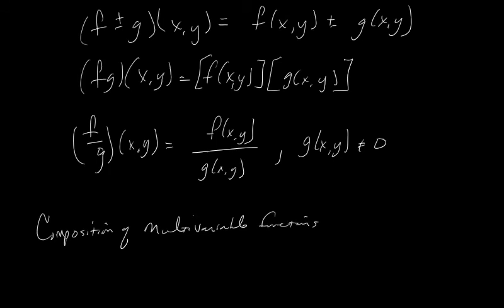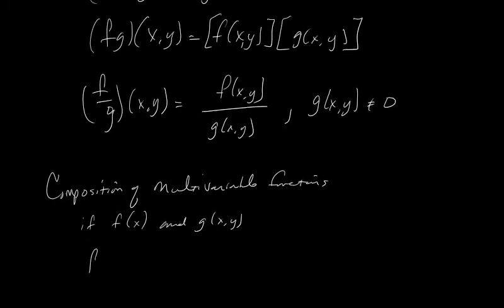Okay, so given that f is a single variable function, so if we have a function f of x, and g is a multivariable function, g of x, y, then f composed with g of x, y is equal to f of g of x, y. Okay, so again, we have to remember, in this instance, f is a single variable function.